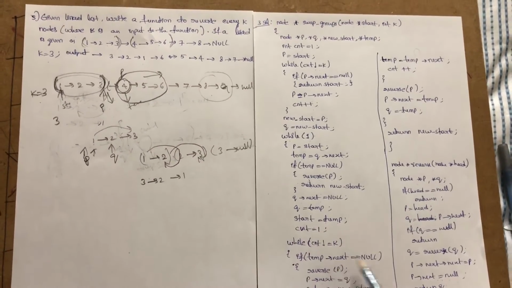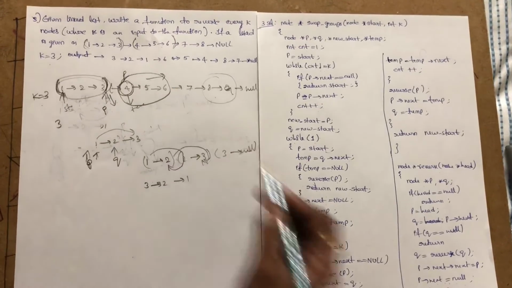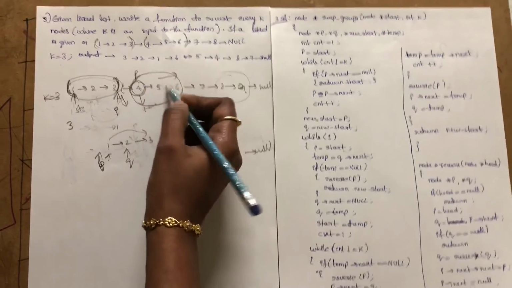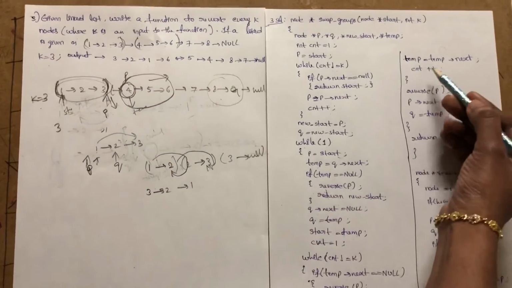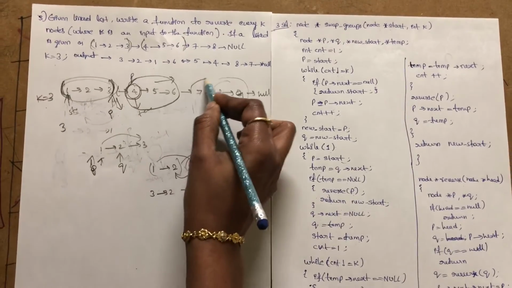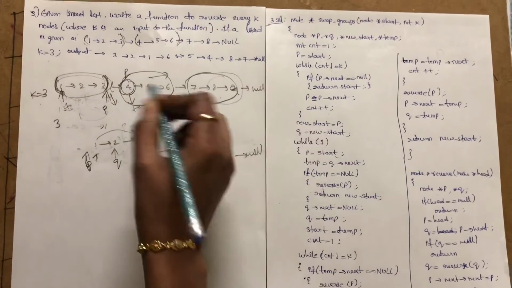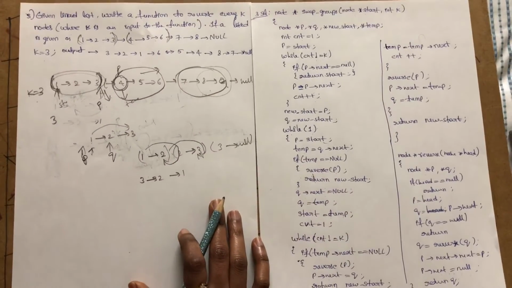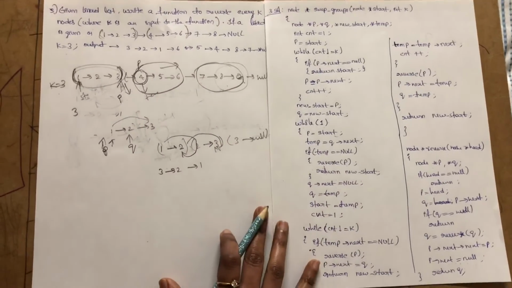If P next is equal to null, temp next is equal to null, then it will reverse this group, and it comes here, and the next part will be this one, and the same procedure will happen again. So this is my approach here.